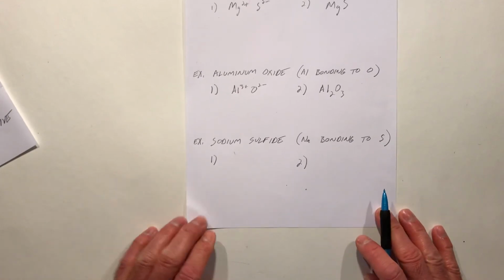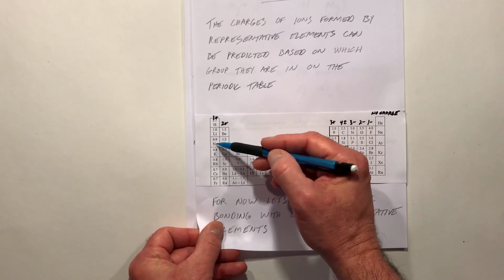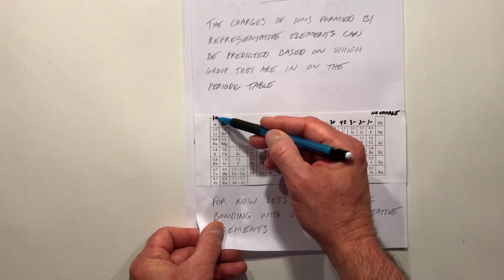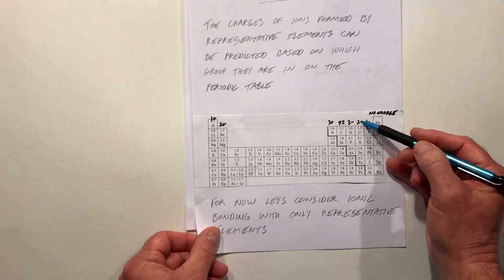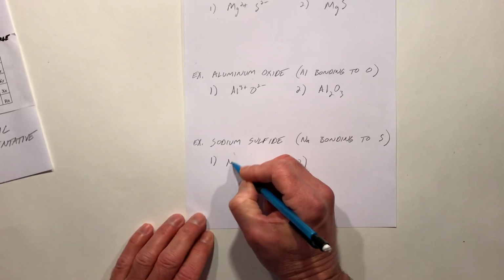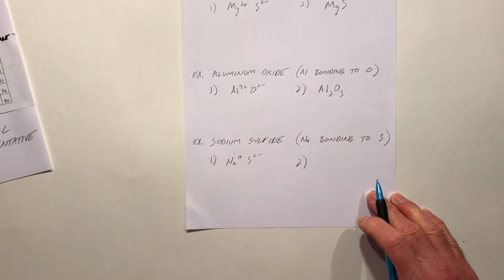Okay, our last example, sodium sulfide. Sodium is Na, in Latin it's natrium, so Na1 plus, and then sulfide is S2 minus. So Na1 plus, S2 minus. Go ahead and crisscross those.